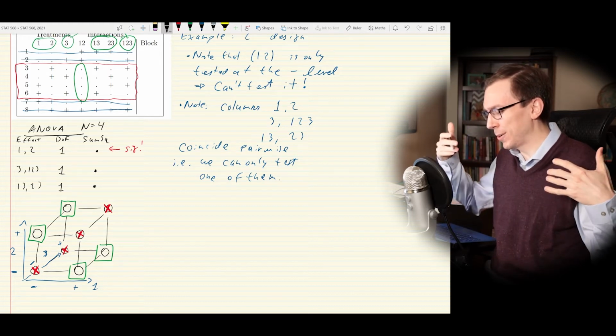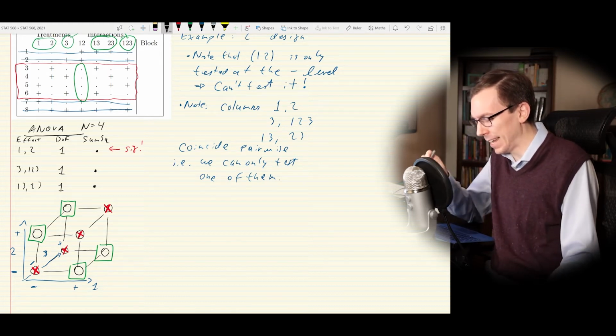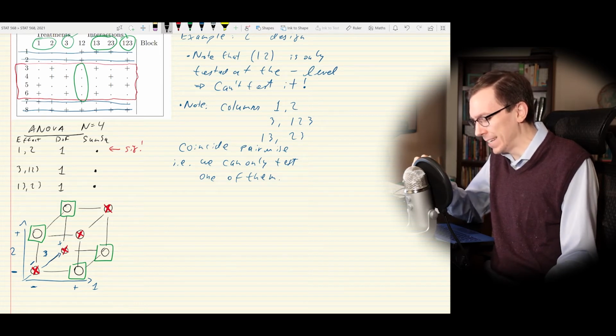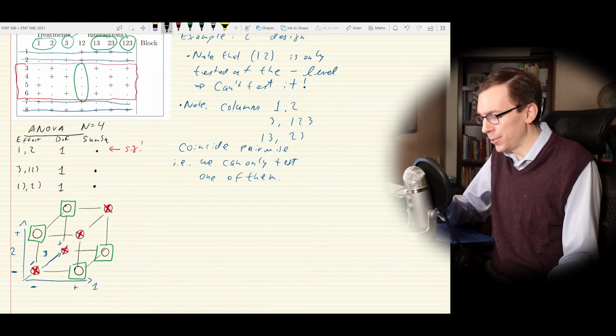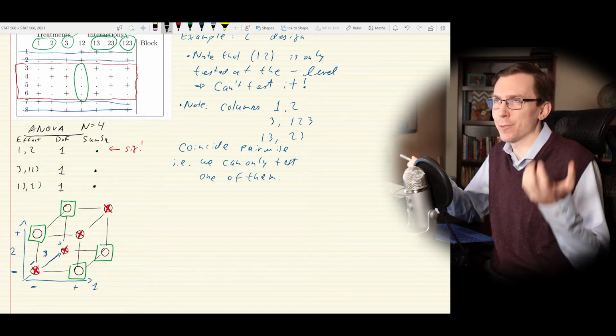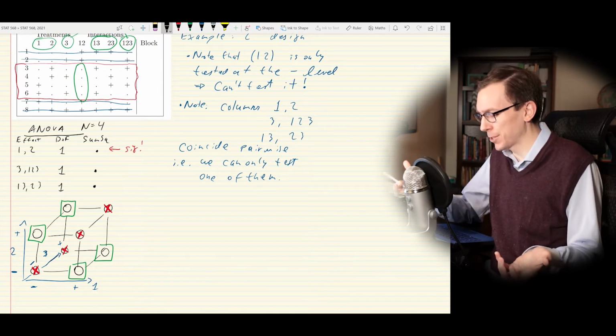But this is what's going on here, and the point is that now we actually have this aliasing that's happening, which means we have overlaps. Main effect 1 and main effect 2 are indistinguishable.